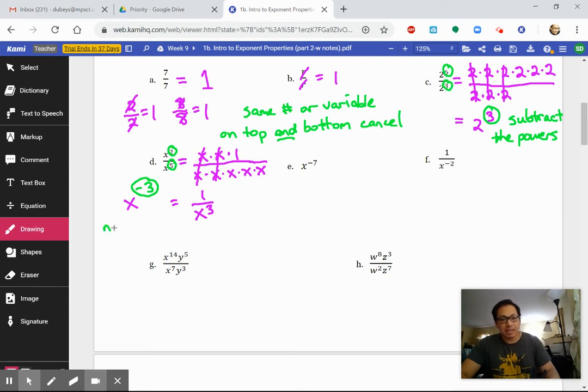But what this says is that a negative exponent, a negative power, is equal to, how should I say this? It's the same as 1 divided by that exponent to the positive power.